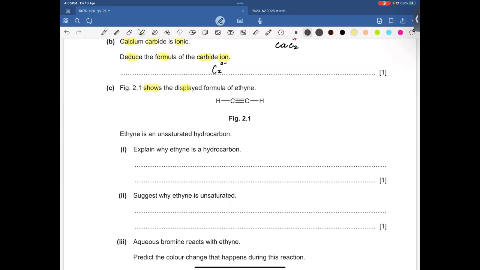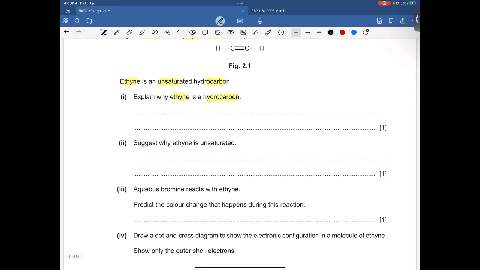Figure 2.1 shows the displayed formula of ethyne. Ethyne is an unsaturated hydrocarbon because it contains a triple bond between the carbon atoms. What is a hydrocarbon? Compounds consisting of carbon and hydrogen only are hydrocarbons.